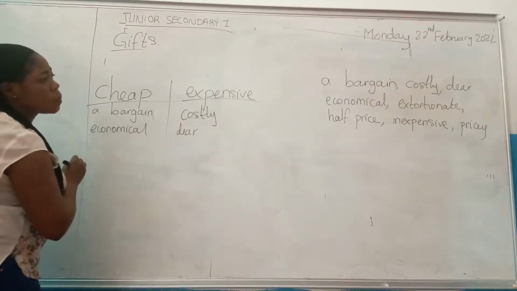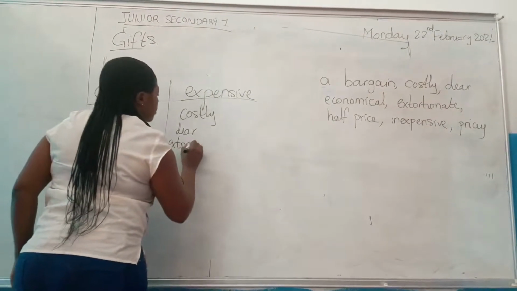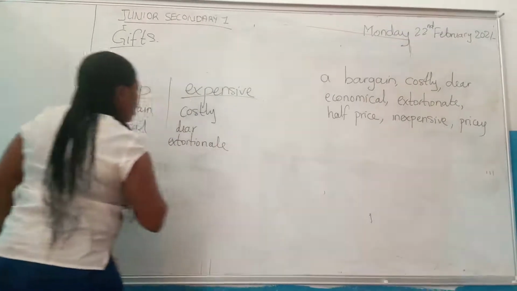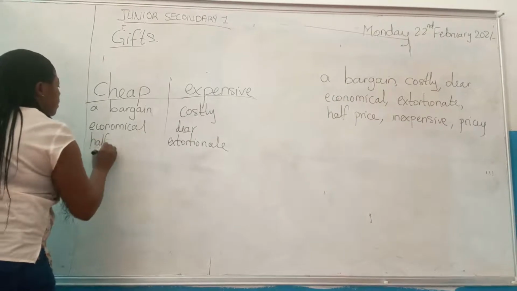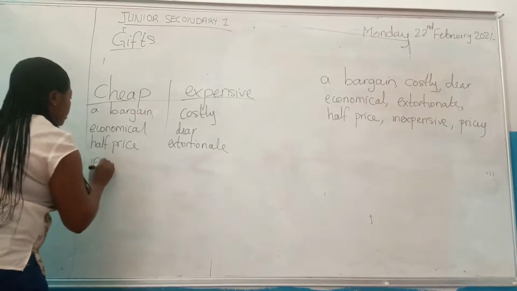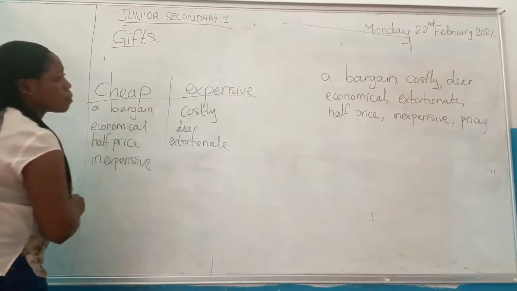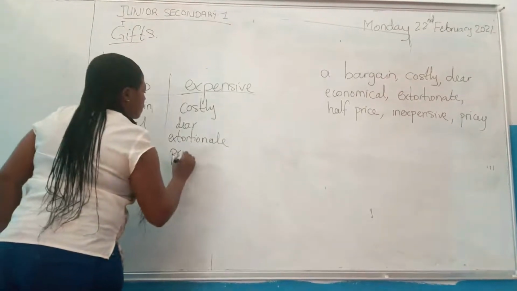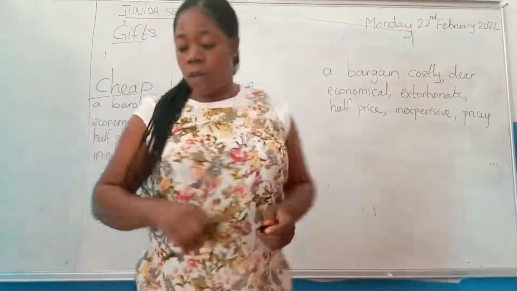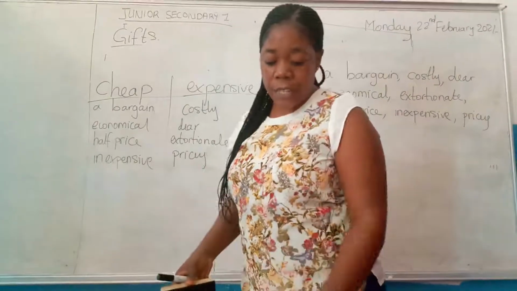Extortionate. Half price. Inexpensive. Pricey. So this is how we are to fill the column. That's number 1 of dictionary corner.